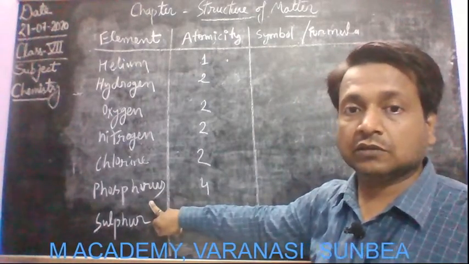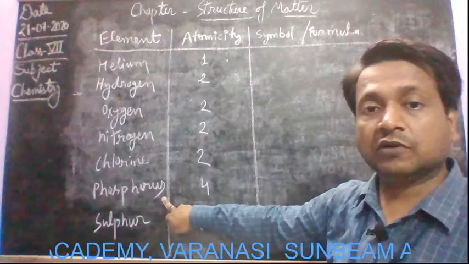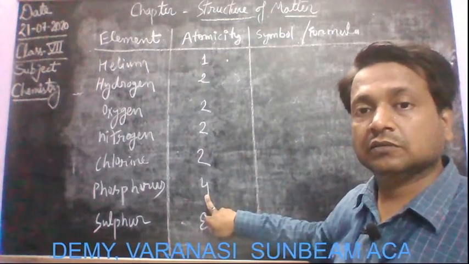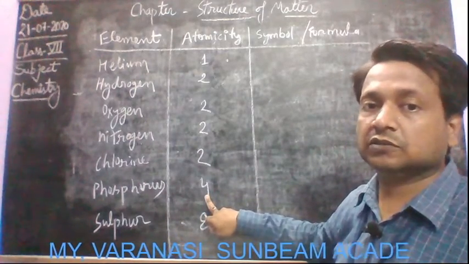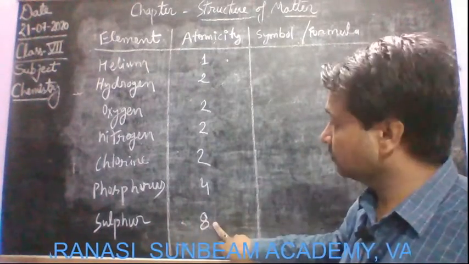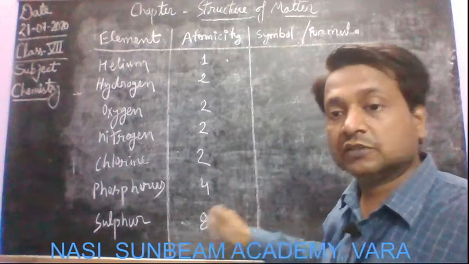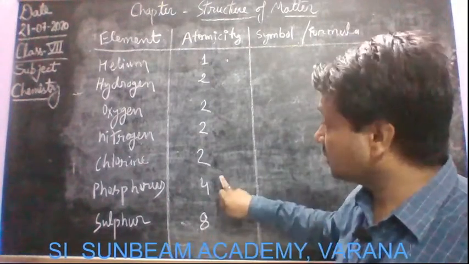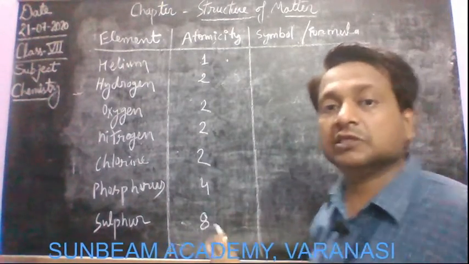Phosphorus, one molecule is made up from four atoms of phosphorus, and one molecule of sulfur is made up from eight atoms of sulfur. So we can say that these are polyatomic. Another term is used for them.